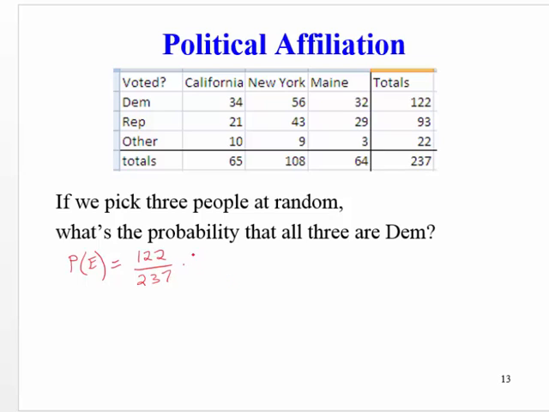And then we'd have to multiply 121 out of 236 after we selected 1, and then 120 out of 235. That's basically if we picked them without replacement.